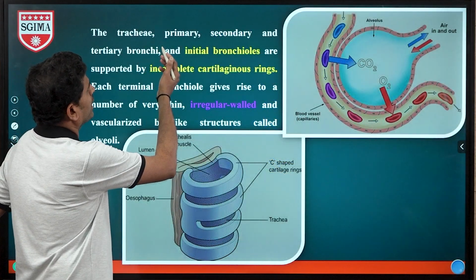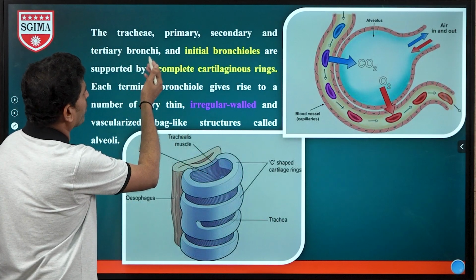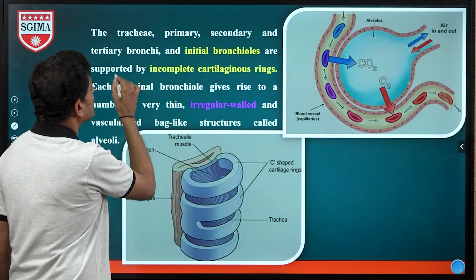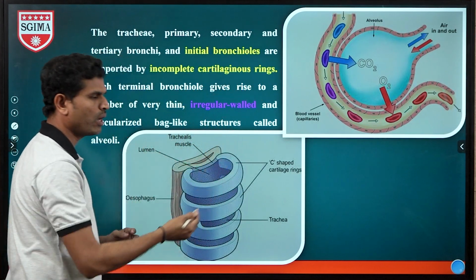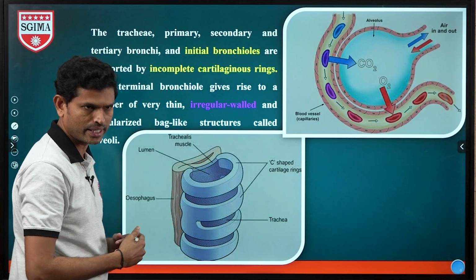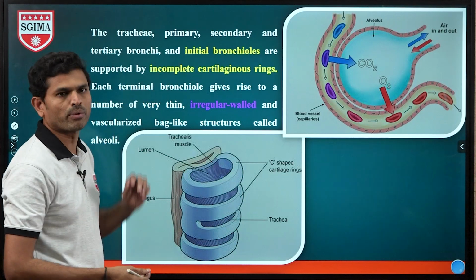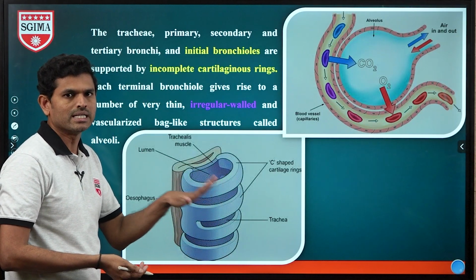The trachea, primary, secondary and tertiary bronchi and initial bronchioles are supported by incomplete cartilaginous rings. We already discussed that in the respiratory tree. Which ones? Trachea, primary, secondary, tertiary bronchi, and initial bronchioles, maybe primary and secondary.